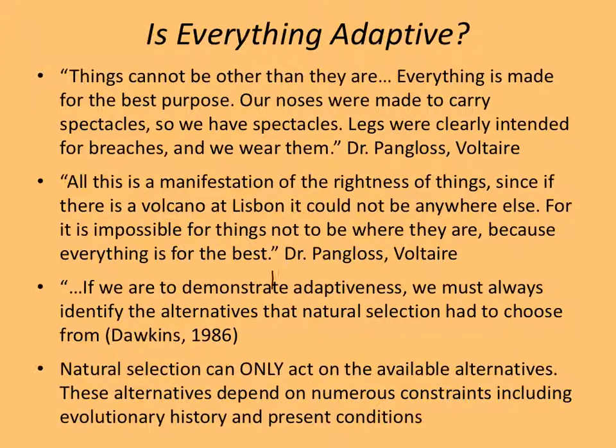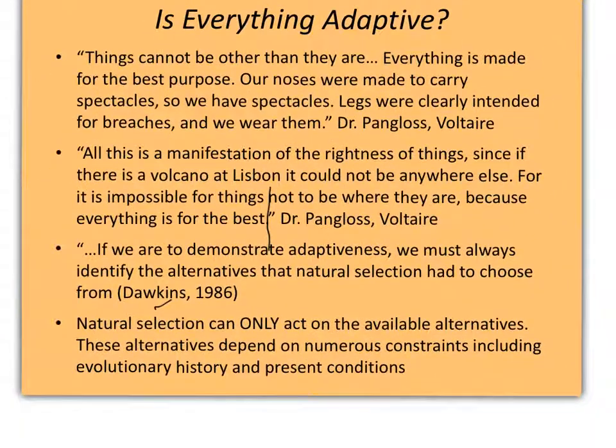So in other words, natural selection can only act on the available alternatives, not anything's possible. And those, of course, constraints are, well, one of them is evolutionary history. Another is present conditions. You can inherit a trait that isn't adaptive in this present environment, and that just might lead to extinction.